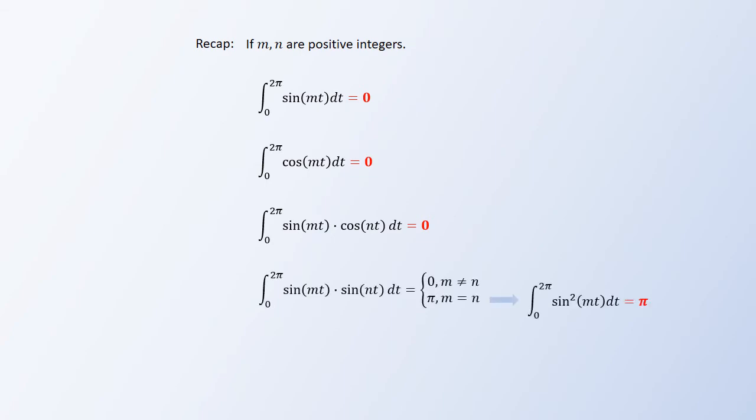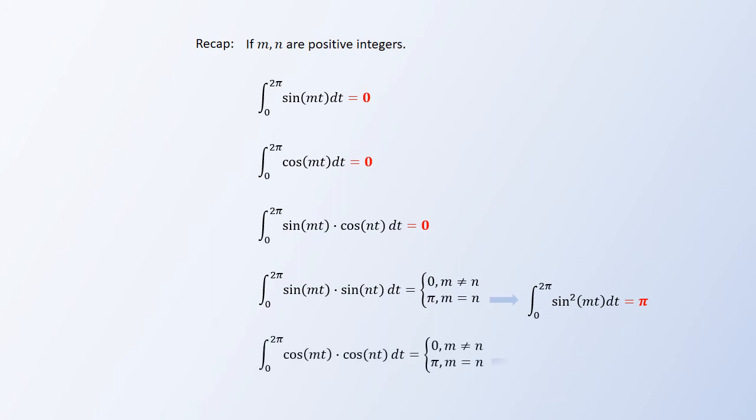But in the case of sine times sine, it will be 0 if m is not equal to n, but will be equal to pi if m is equal to n, or we can say that the integral from 0 to 2 pi of sine squared of mt dt is pi.